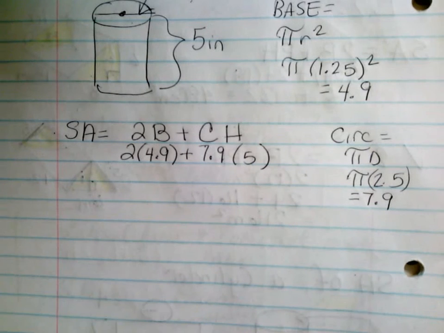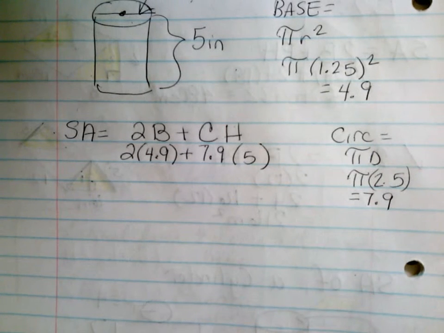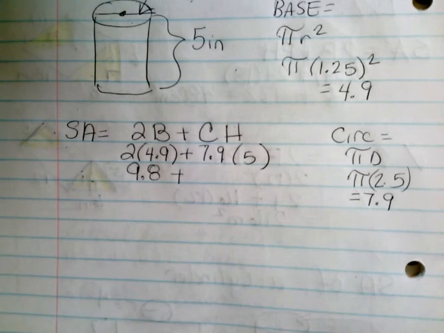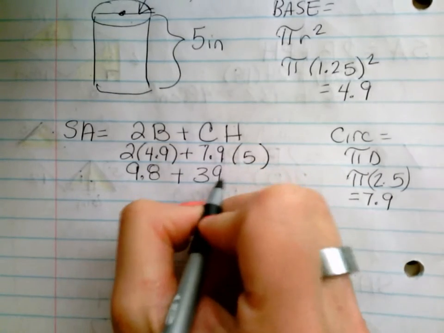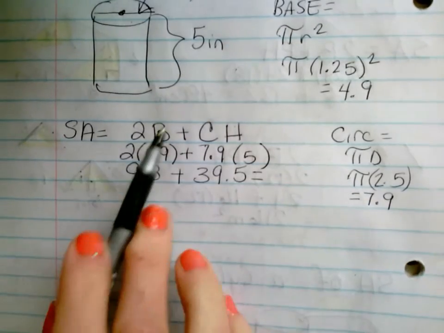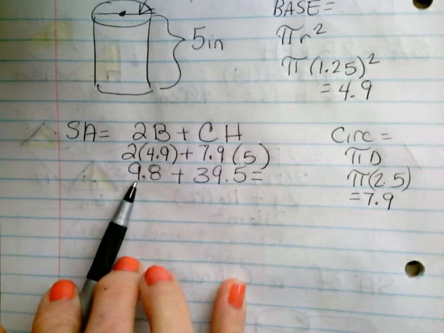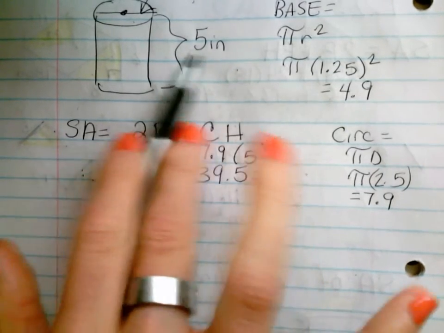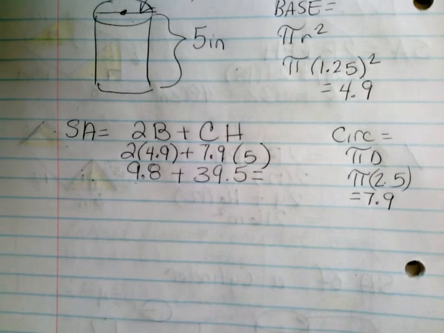All of this added together. I can't write on my calculator, it gives me goofy answers. If you add double the bases and the product of the circumference, which we got here, and the height, which we got here, you get 49.